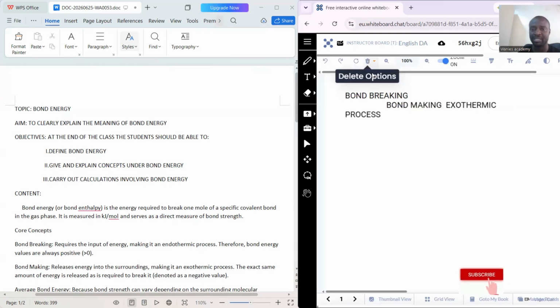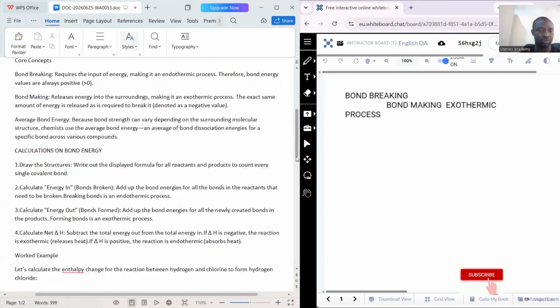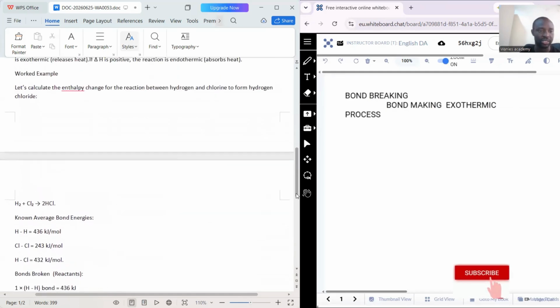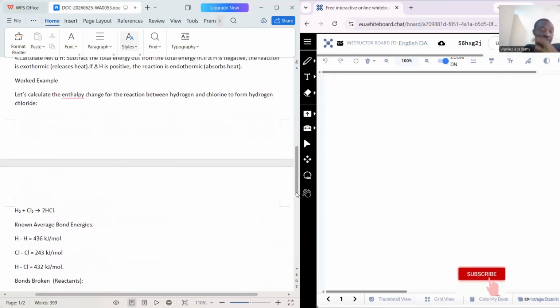Now let's take a typical calculation to illustrate the concept of bond energy. I have defined bond energy and explained basic concepts under it. Now let's look at some worked examples to illustrate the applications of this concept.